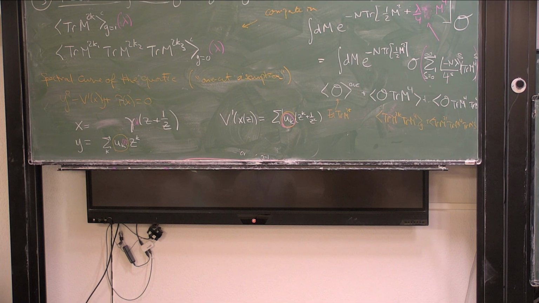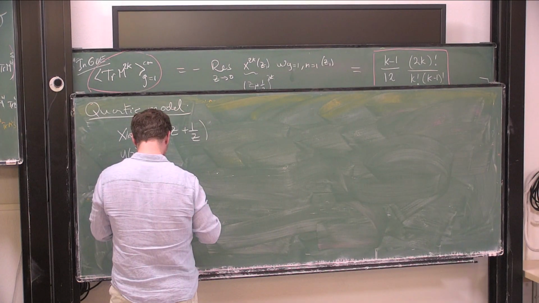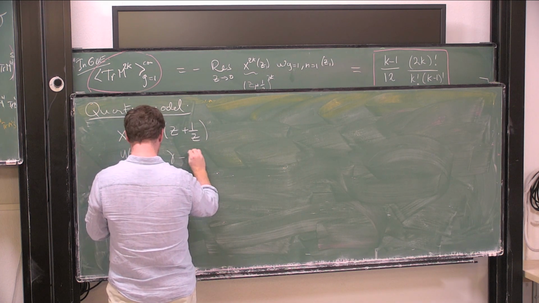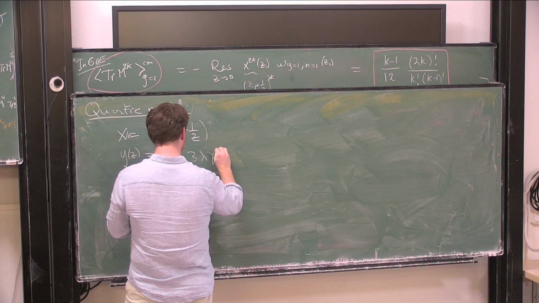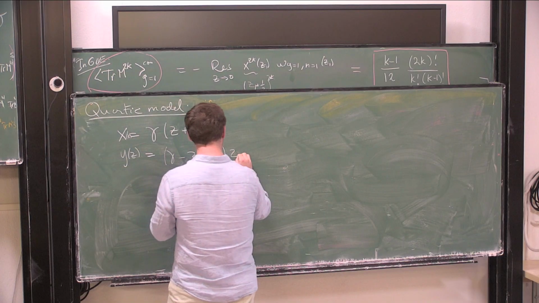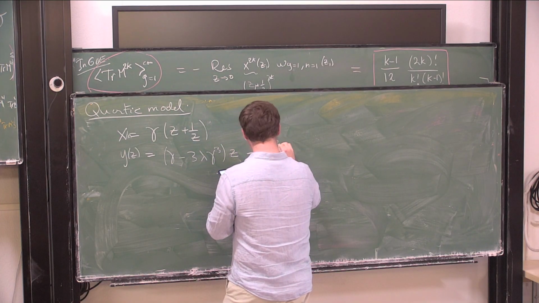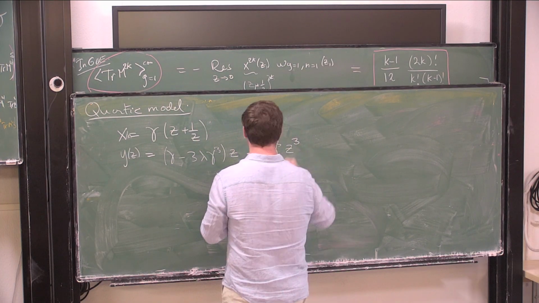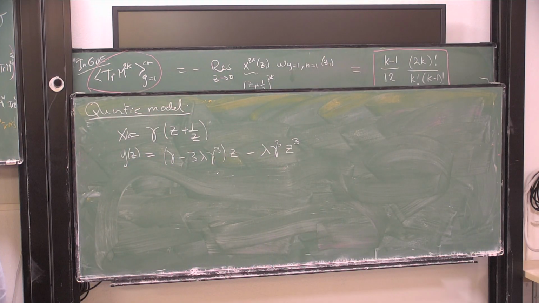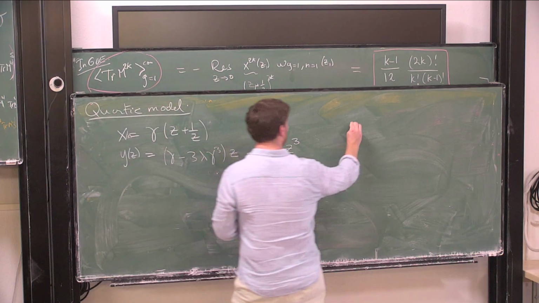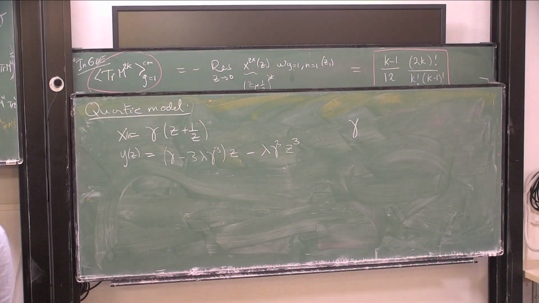Okay. And this gamma is just a very convenient combination of this lambda that keeps appearing.